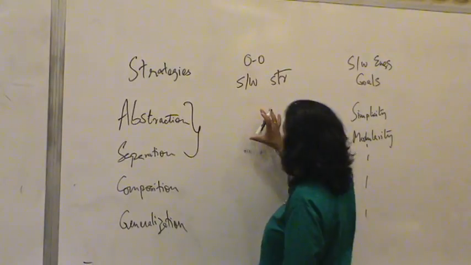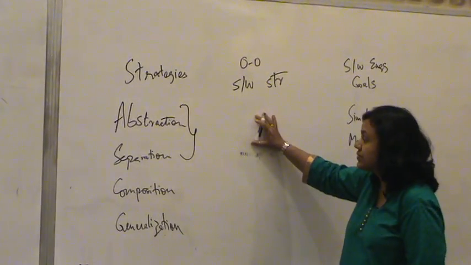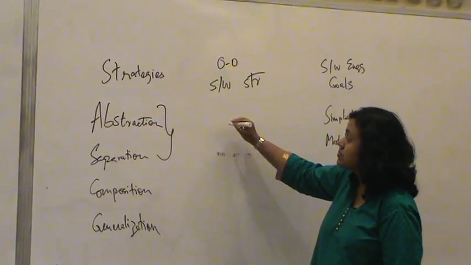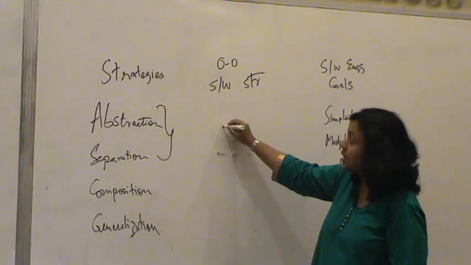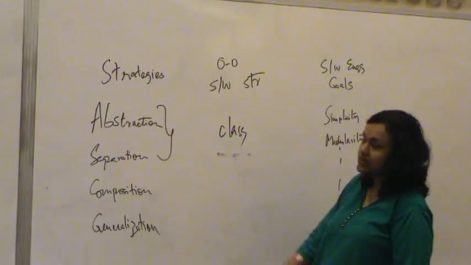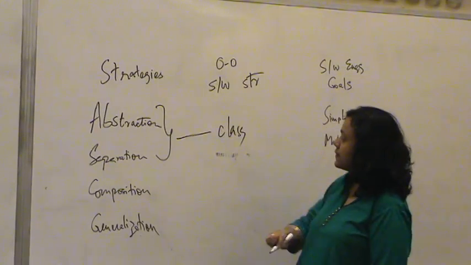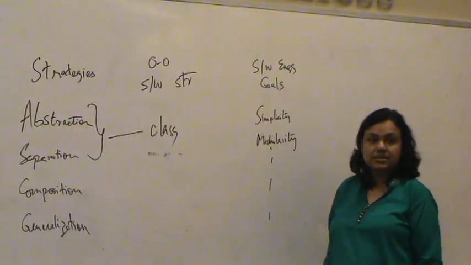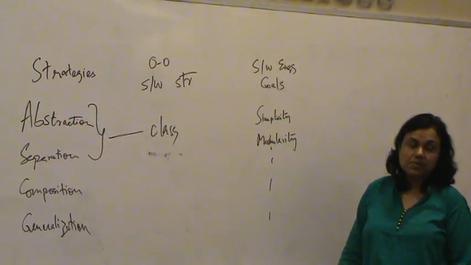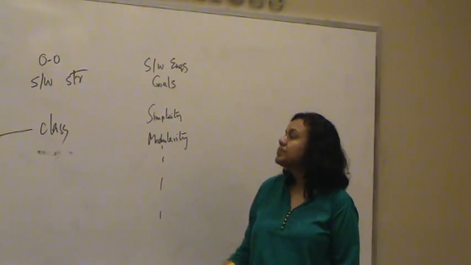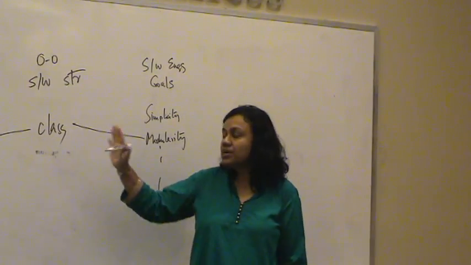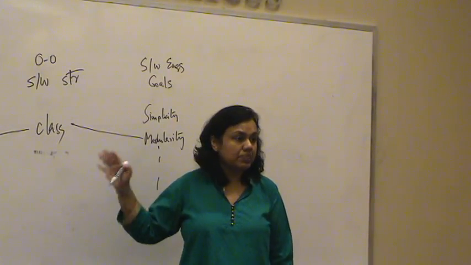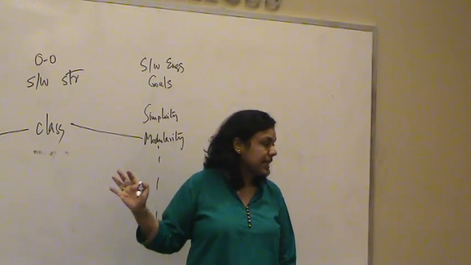How do you see it in action? What does it achieve? Modularity. Modularity is one. So it's not a one-to-one mapping, it's a one-to-many mapping. But that is what that slide shows.